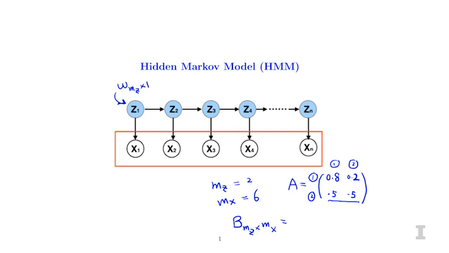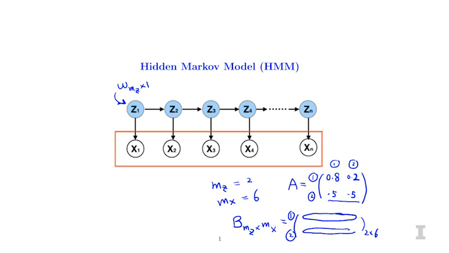So in this case, would it be 2 times 6? So every row will be a probability distribution, and the probabilities sum to 1, meaning if the Z is equal to 1, then we're going to use the first row to generate the corresponding X. If Z is equal to 2, then we're going to use the second row to generate X.